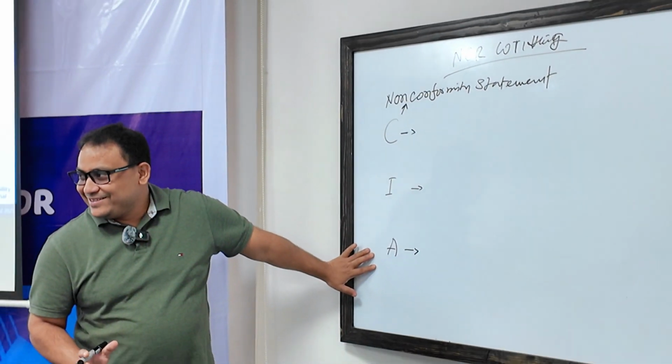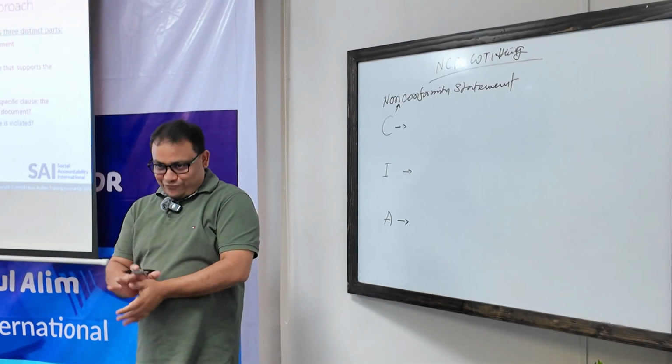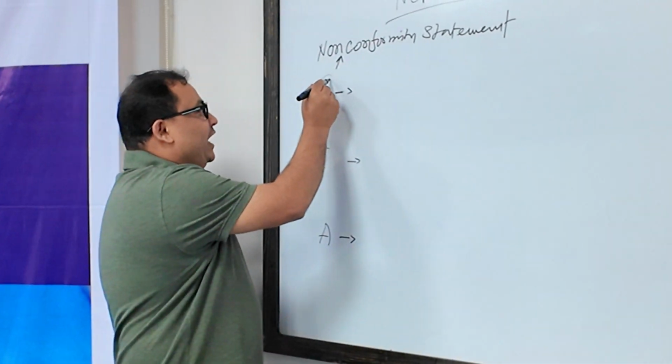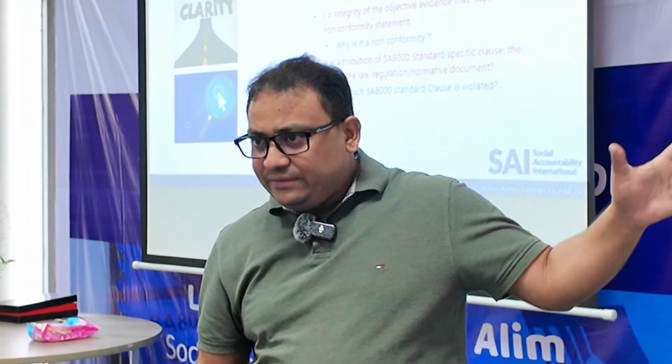That's why we call it the CIA approach of writing a non-conformity, just to make sure you remember. Now let's give an example and learn how to write a non-conformity.